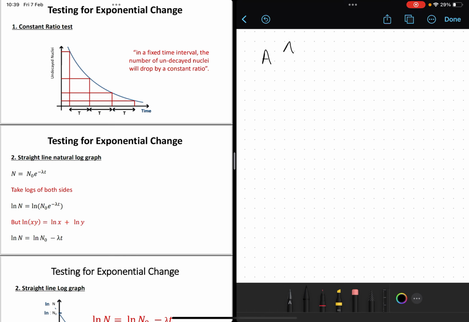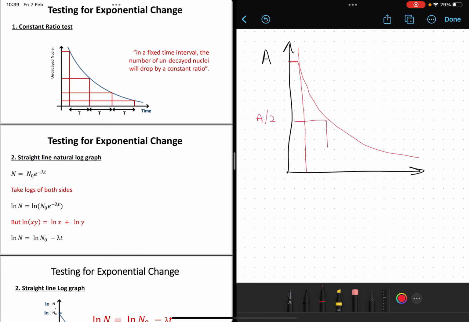If we're plotting activity against time, we know we're going to get that characteristic exponential shape. So we pick a starting activity and we read off a value for time, and then we might choose to halve it. So we look at A over 2, and we consider the time period that it took for that to happen.